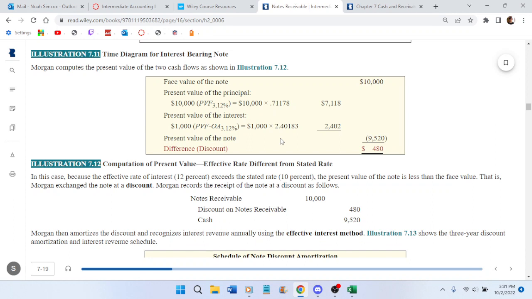They have to compute the present value of the principal and the present value of the interest separately.